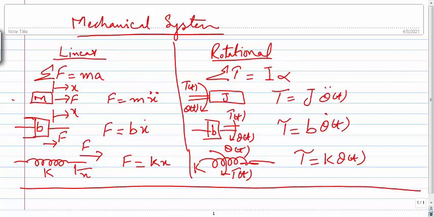Now let's look at some examples quickly and try to understand. Let's suppose we have a system connected with a spring, then there is a mass, and then a damper is connected. Let me try it again, the damper part is not drawn well.